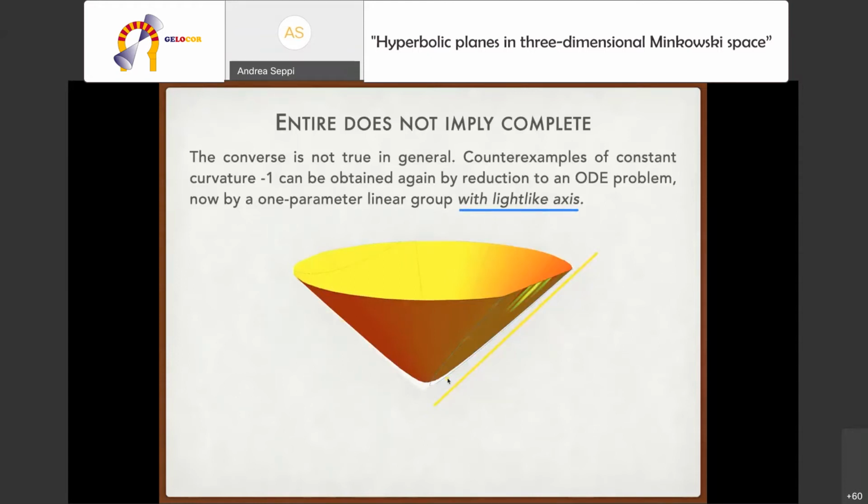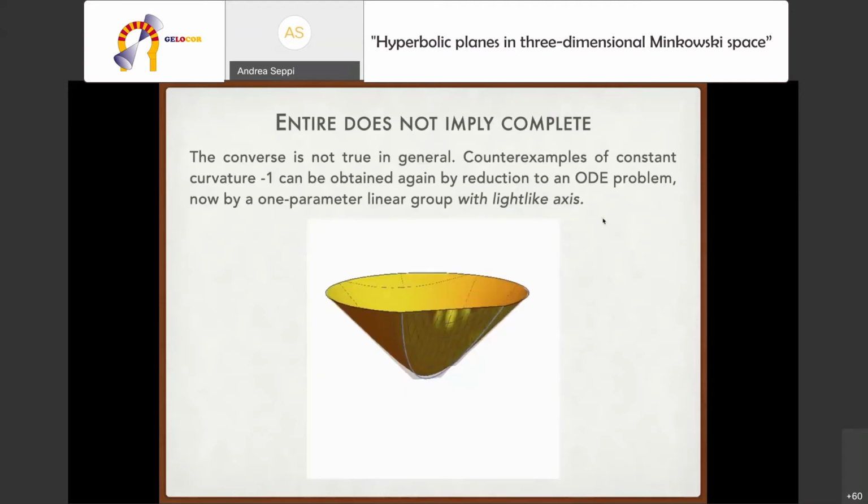The reason why an entire surface has the right not to be complete is that, although this surface is properly embedded, it approaches a null direction very, very quickly, so that you can have some geodesics of finite length that escape compact sets and approach this light-like direction. I'm also going to show you a movie of the surface.